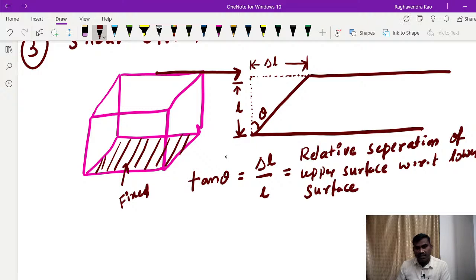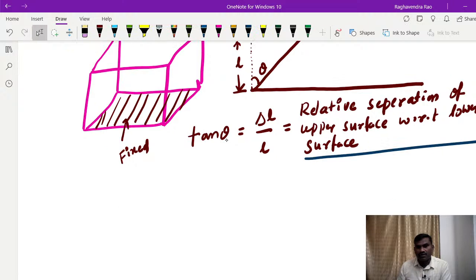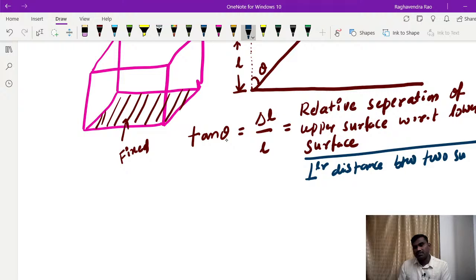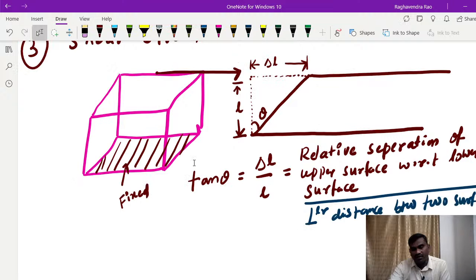So the relative separation of the upper surface with respect to the lower surface is represented by delta L divided by L. What is L? L is the perpendicular distance between the two surfaces. So this is what we call shear stress.